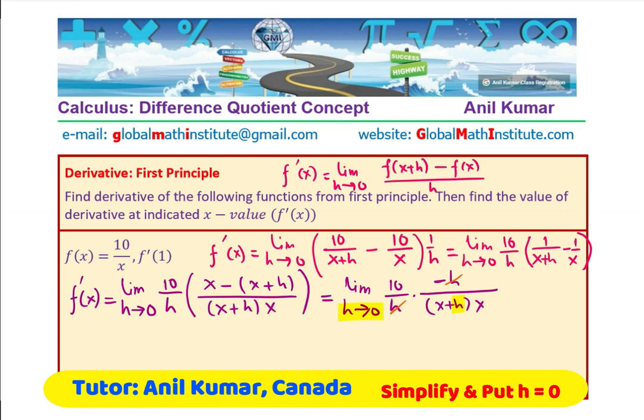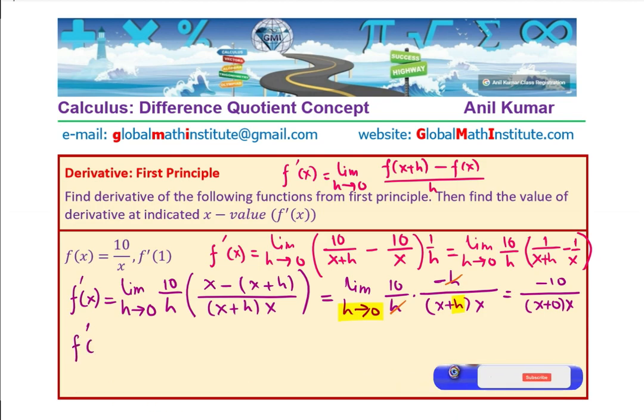So we can rewrite the derivative as 10, minus sign is here, right? So remember that over we have x plus 0 times x. Do you see that? So we get the derivative of the function as minus 10 over x times x, which is x squared.